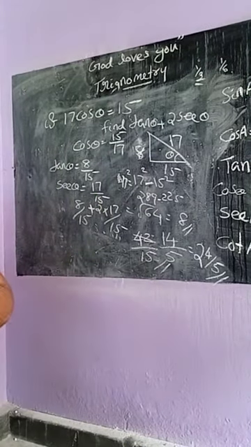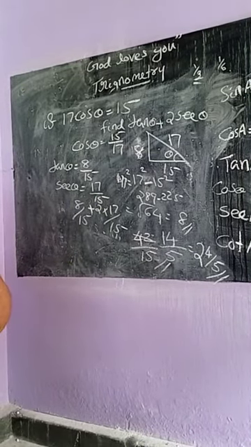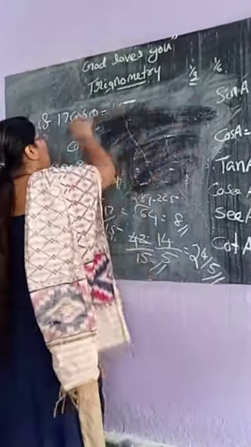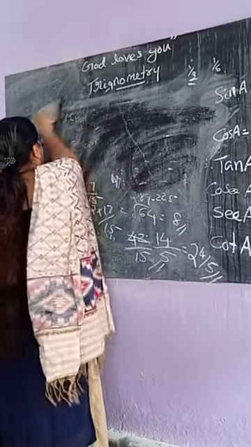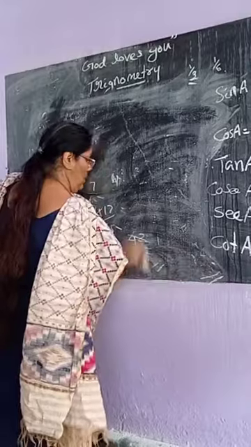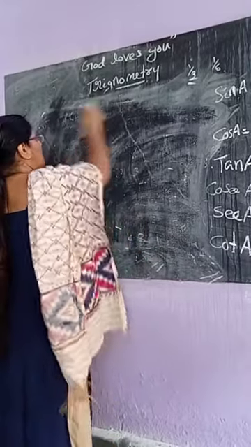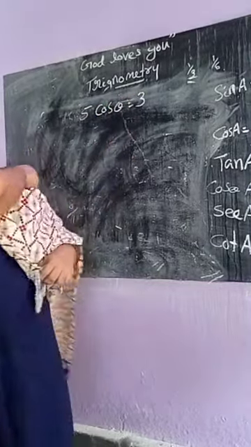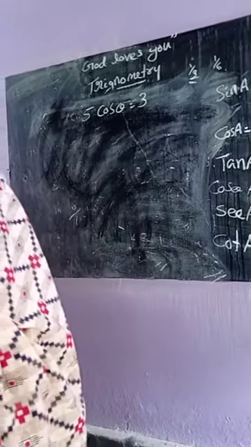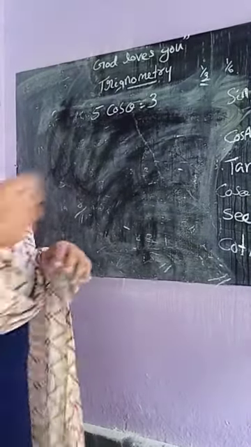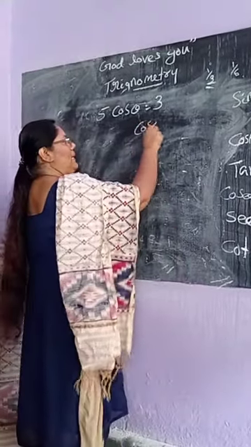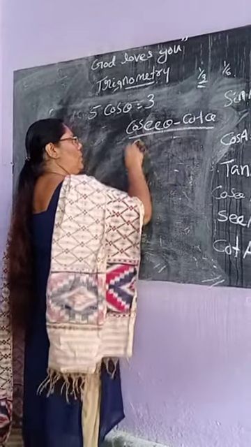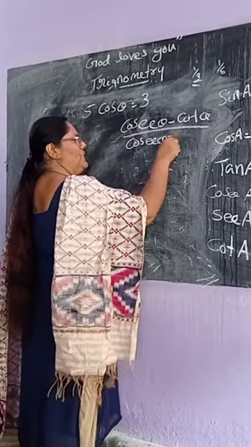Write the next question. If 5 cos theta equal to 3, find (cosec theta minus cot theta) by (cosec theta plus cot theta).